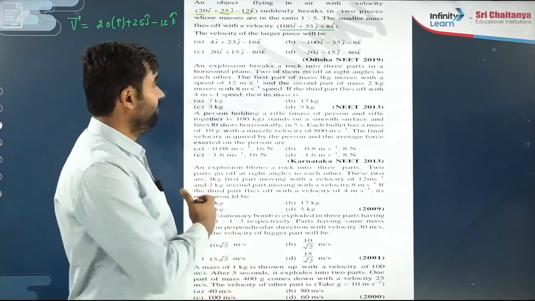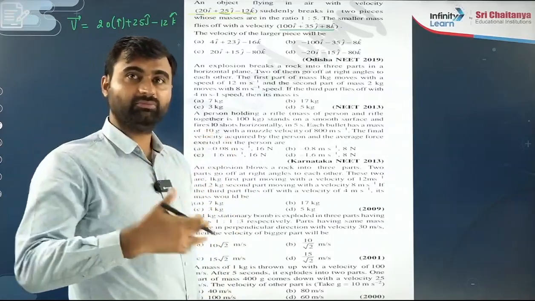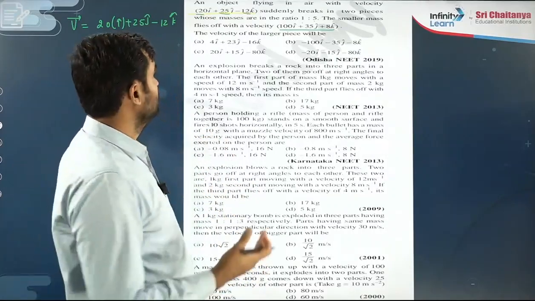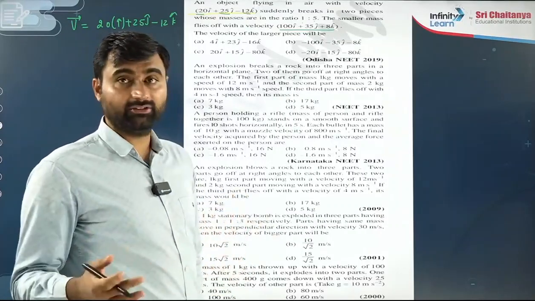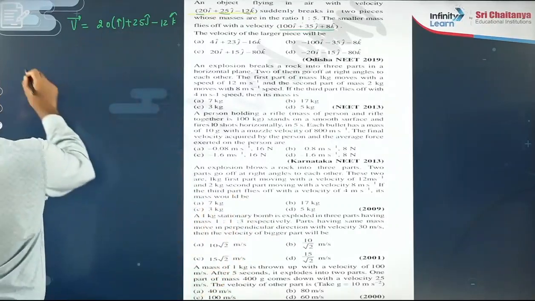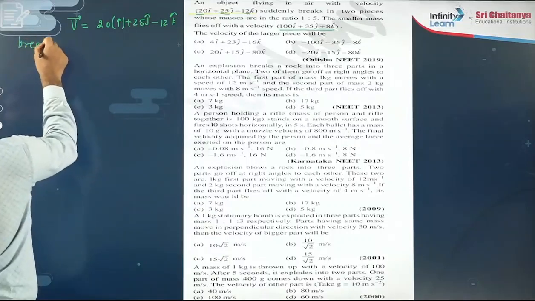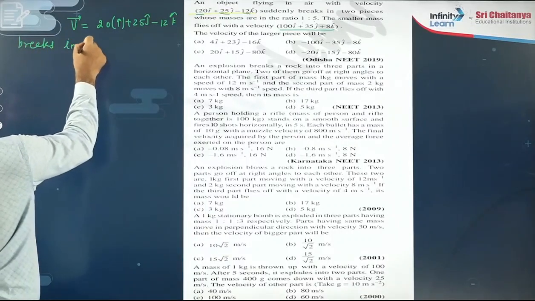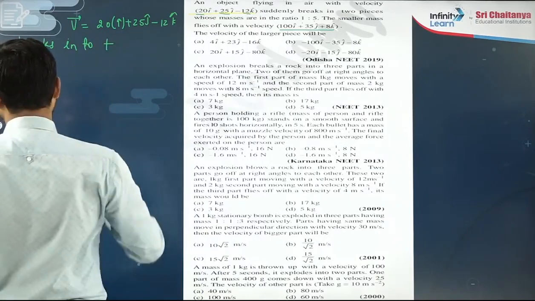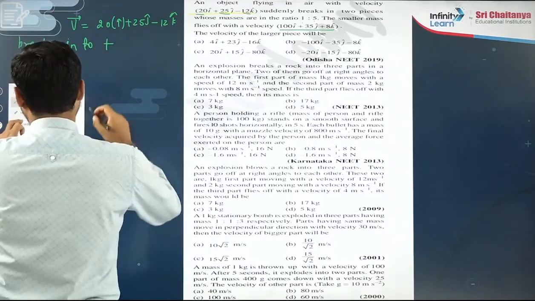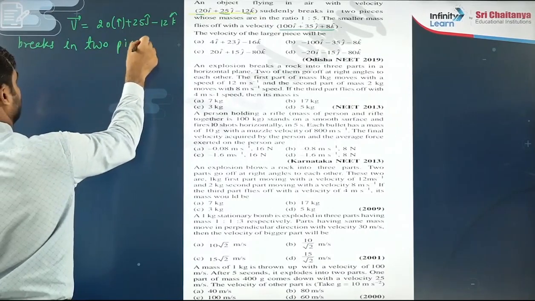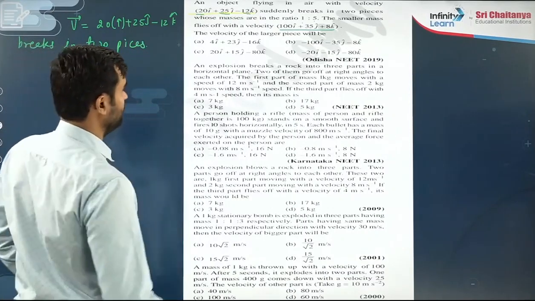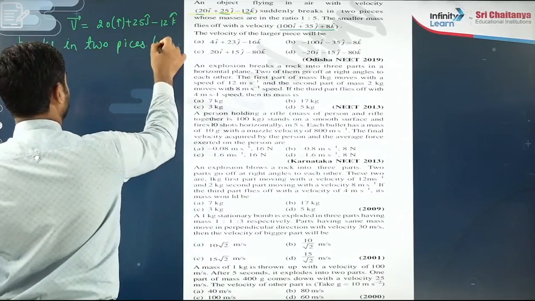Now this object, whatever it was flying, breaks into two pieces. Okay. Whose masses are in the ratio 1:5. Mass ratio is given how much? 1:5.